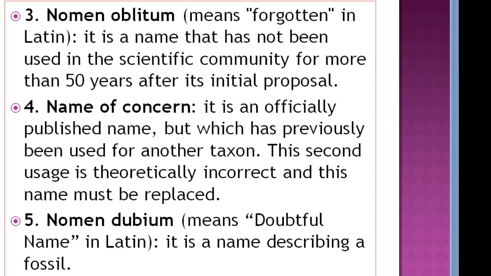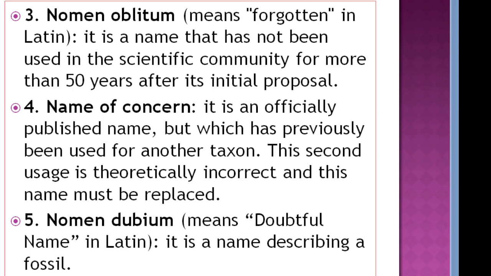If you have two scientists who work in two different countries, and one of them discovers that his taxon name is used for another taxon, he can't keep this name, and he must change the name of the taxon.